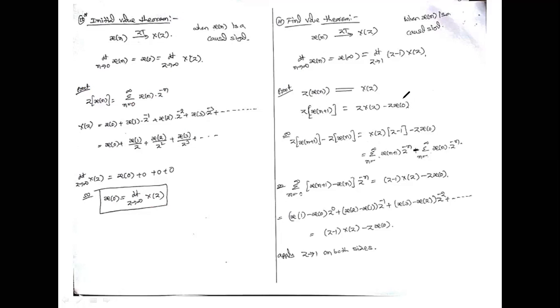Now on both sides, taking here the minus z of X(z). The z transformation of x(n) and z of X(z) is already there, and a minus is there.